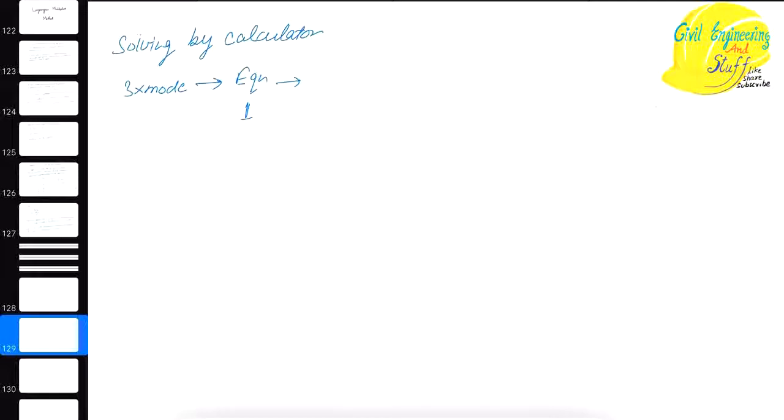Here we have 3 unknowns, that is x, y, and lambda, so we choose 3. One thing you have to be careful about is that this calculator takes the values in the form of ax plus by plus c lambda equal to d.